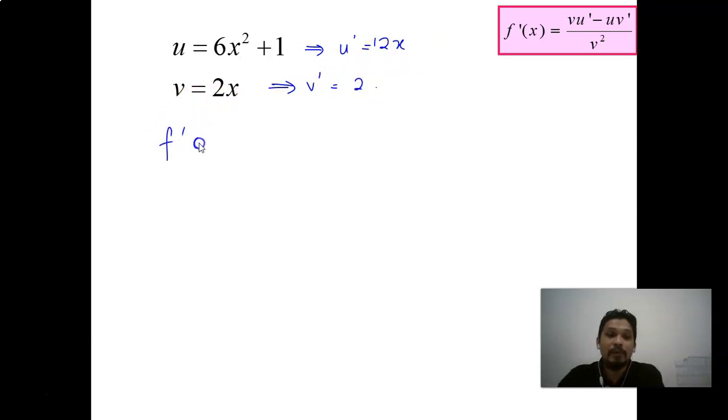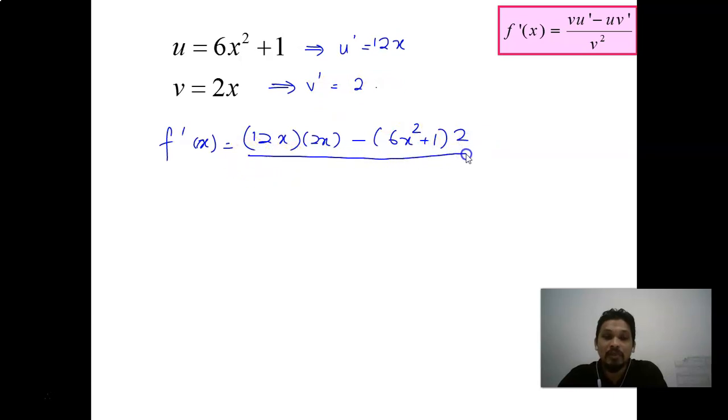So f prime x equals u prime times v, where u prime is 12x and v is 2x, minus u, 6x squared plus 1, times v prime, which is 2, and everything divided by v squared, which is (2x) squared.